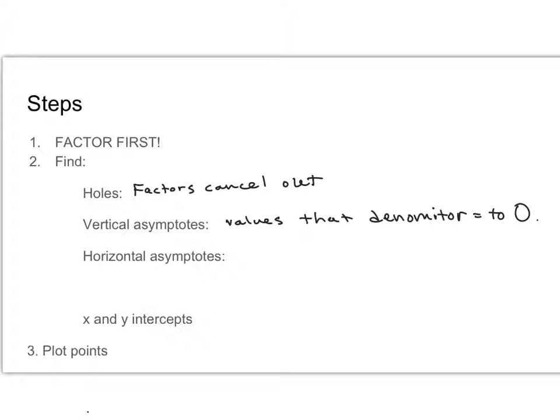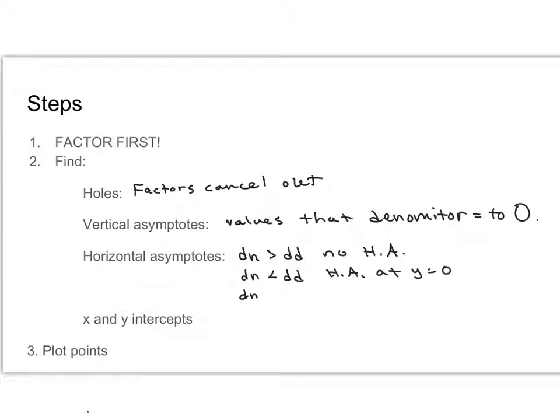So horizontal asymptotes: if the degree of your numerator is greater than the degree of the denominator, there will be no horizontal asymptote. If the degree of your numerator is less than the degree of your denominator, then you have a horizontal asymptote at y equals 0, just like we discussed in class.